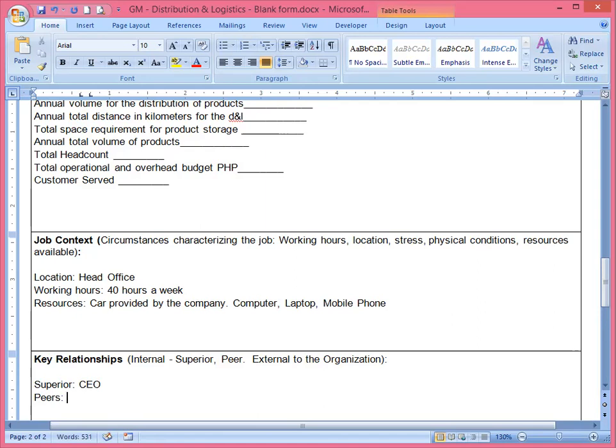Other GMs. Let's say the GM of operations, or the GM for HR, HR general manager, or the GM for sales and marketing. This kind of GM and many other GMs also.